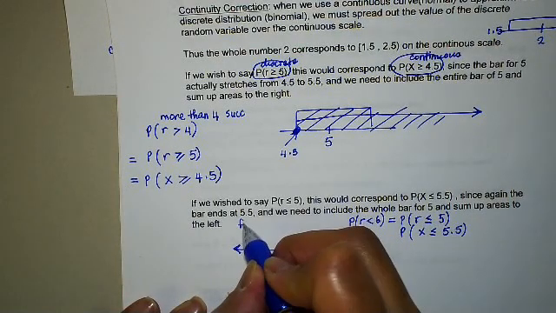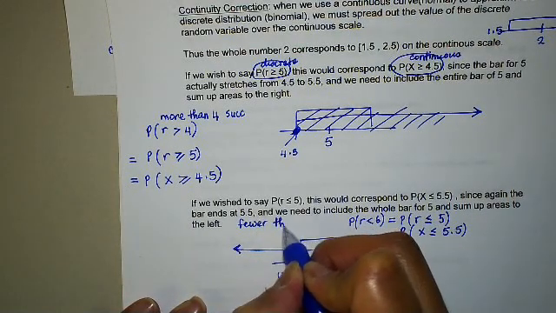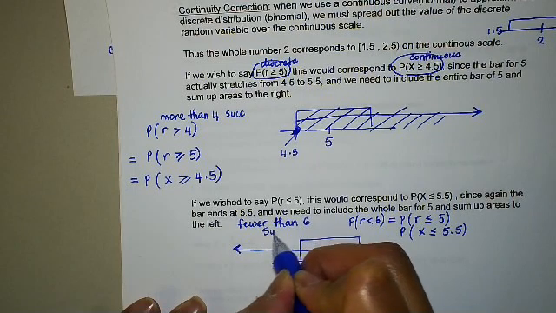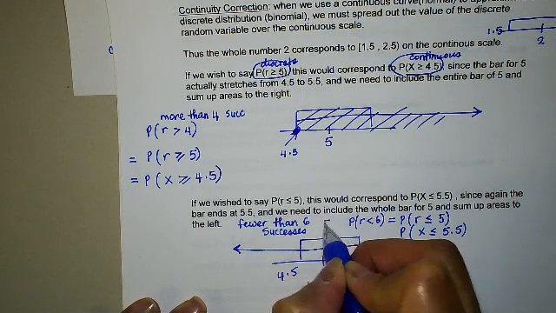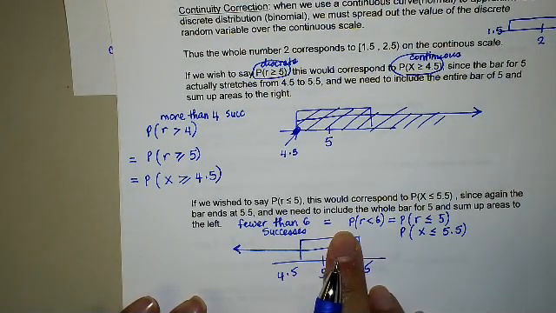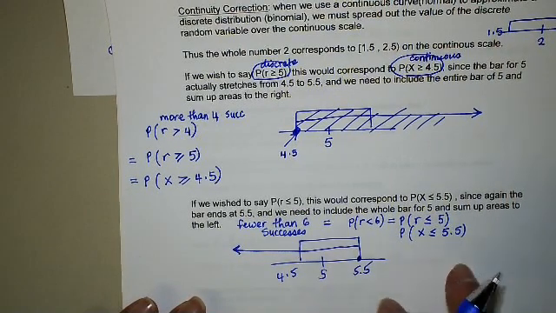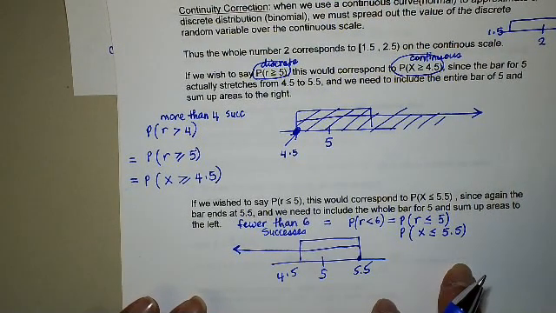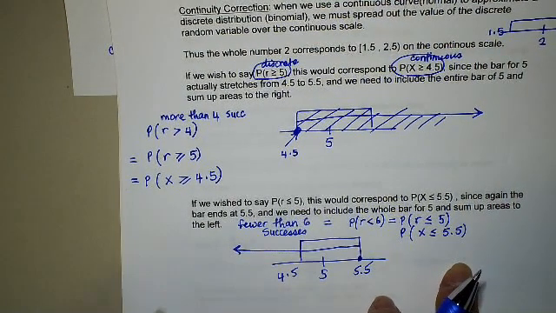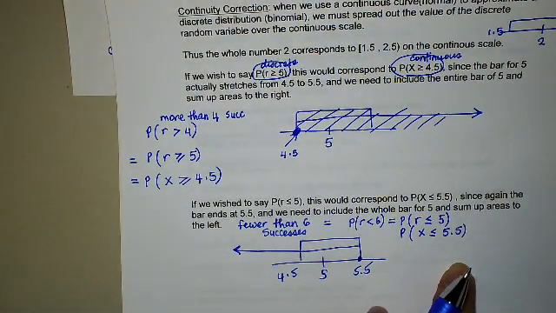Get it? Similarly for this one, the question might have been find the probability that r is less than 6. So this question would say fewer than 6 successes. So then I would have to translate that: r less than 6 is equivalent to r less than or equal to 5.